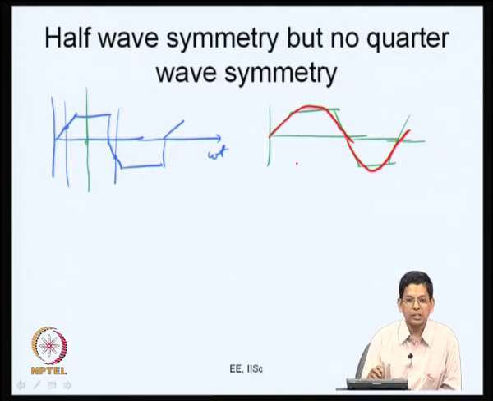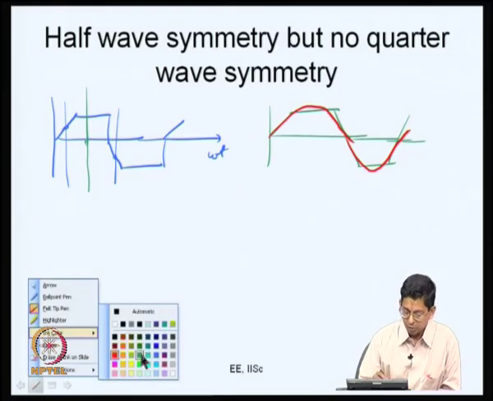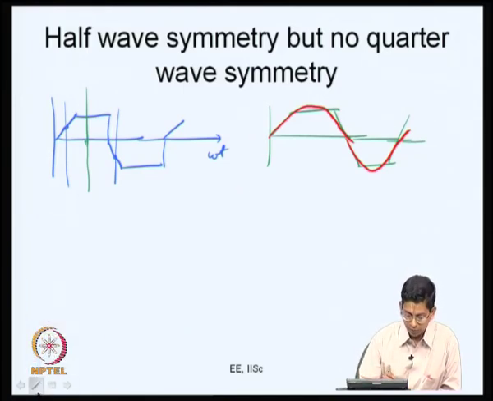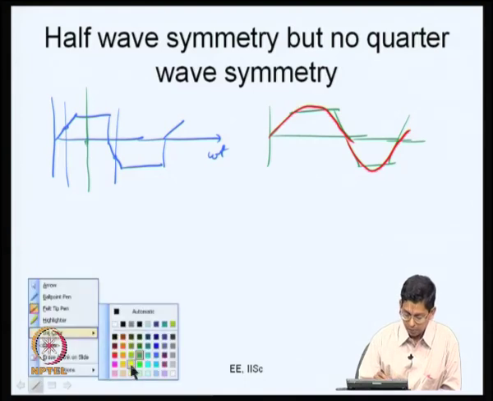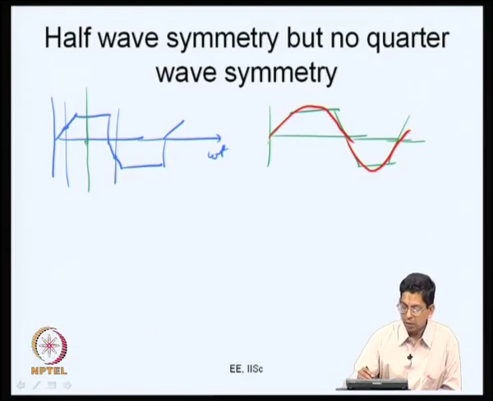And in cases where there is quarter wave symmetry, wherever the fundamental has a 0 crossing, the harmonics will also have 0 crossings. You may have another harmonic, and the harmonic will have a 0 crossing here like this.